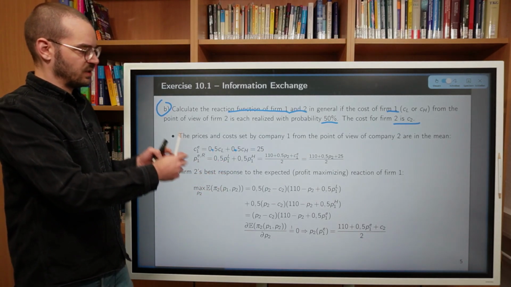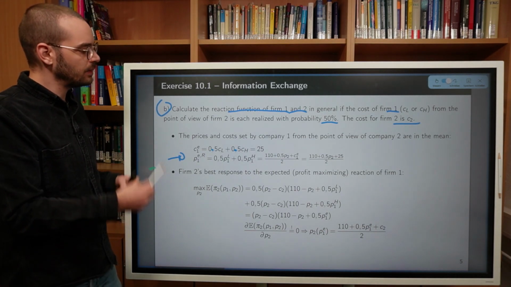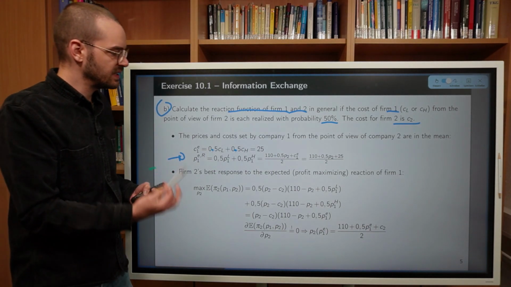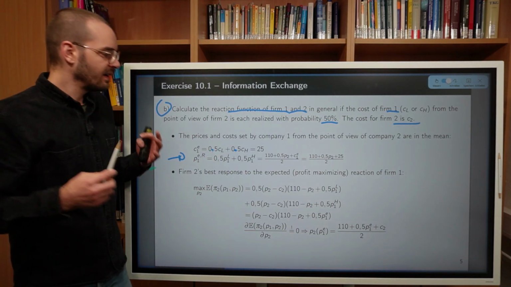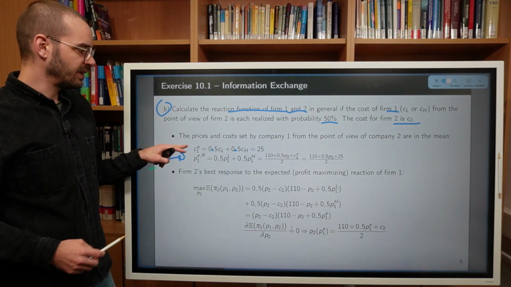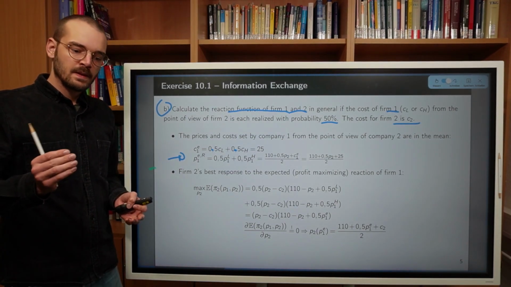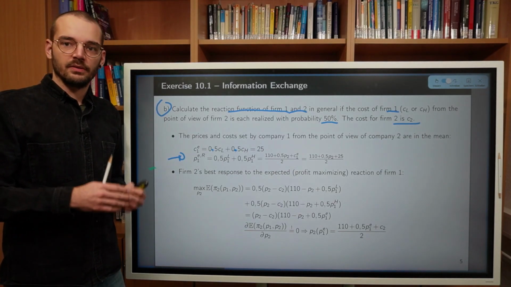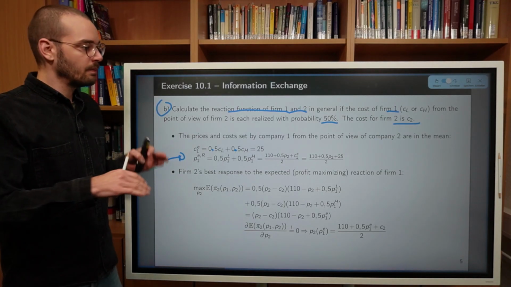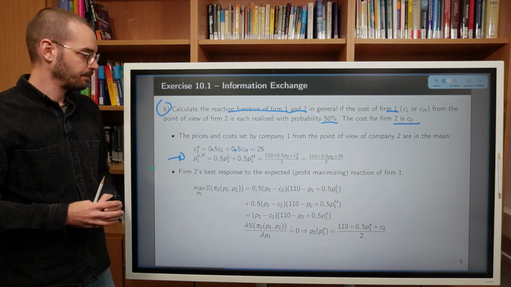So we have this weighted marginal cost, 0.5 times CL plus 0.5 times CH, which in this case equals 25. This is nothing else but the expected value of the marginal costs of firm 1 for a situation where each possible state is equally likely.